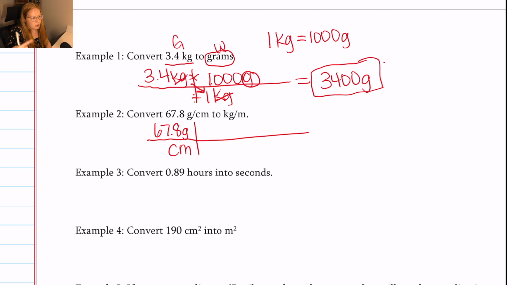So I have to think, what is centimeter to meter? Well, you could think of centuries or cents in a dollar, but a cent is 100 of something. So 1 meter is 100 centimeter.